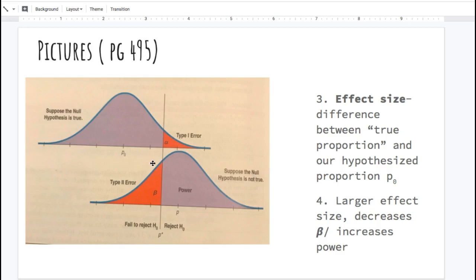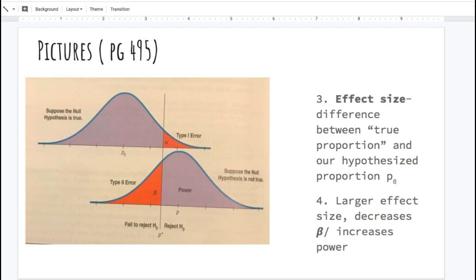You can imagine these two sliding together. Now, as our effect size increases, so this P0 is pulling away from this P, that's going to decrease our beta, and it's going to increase our power. This should make sense because the further apart these are, the easier it'll be to say, this is definitely really wrong because they're so far apart.